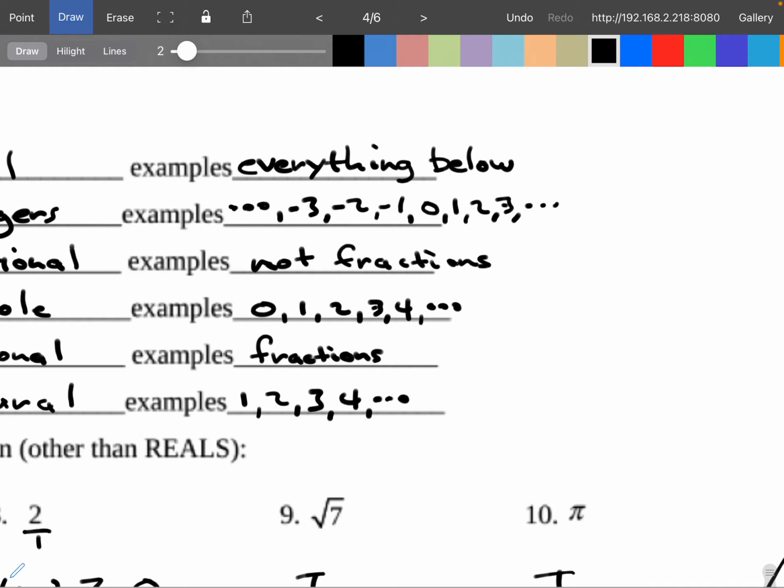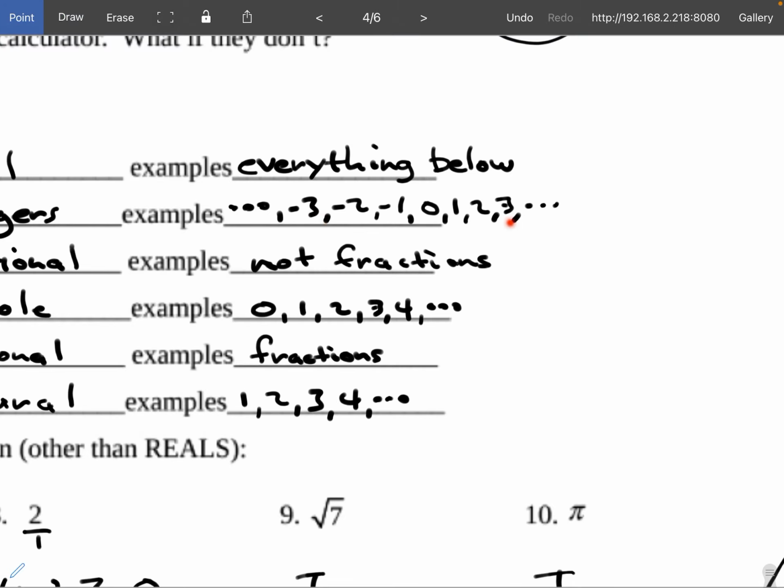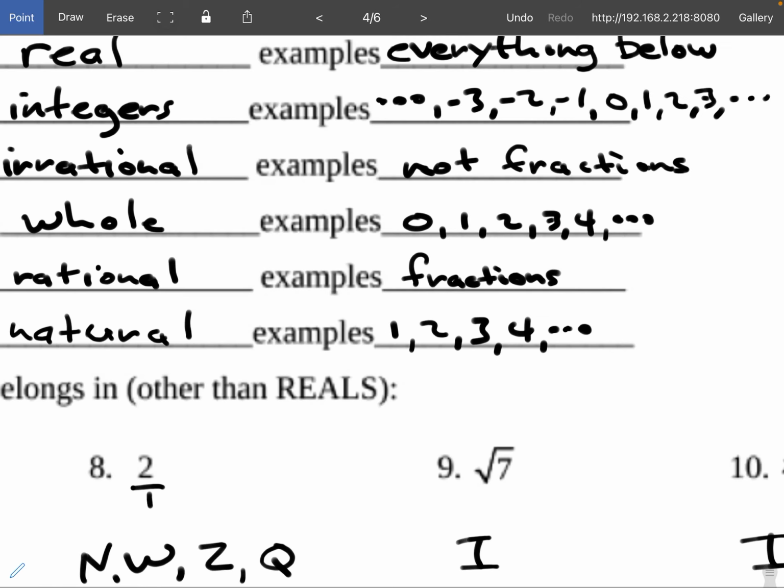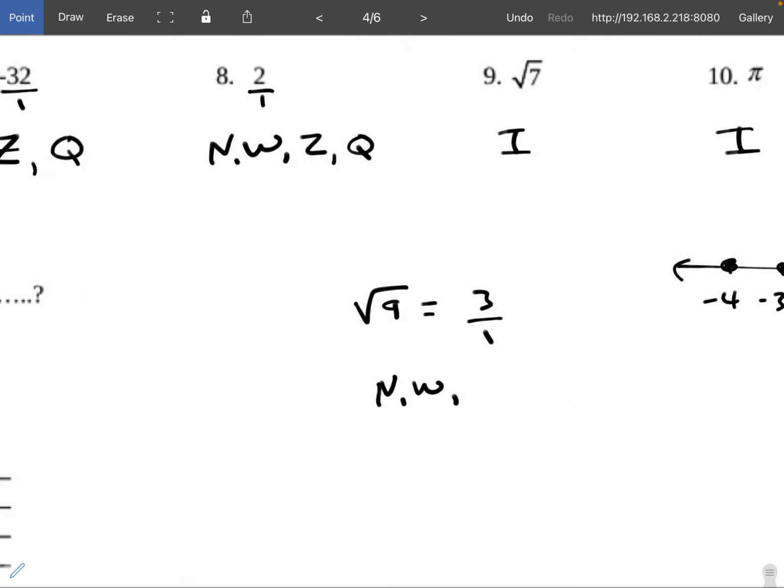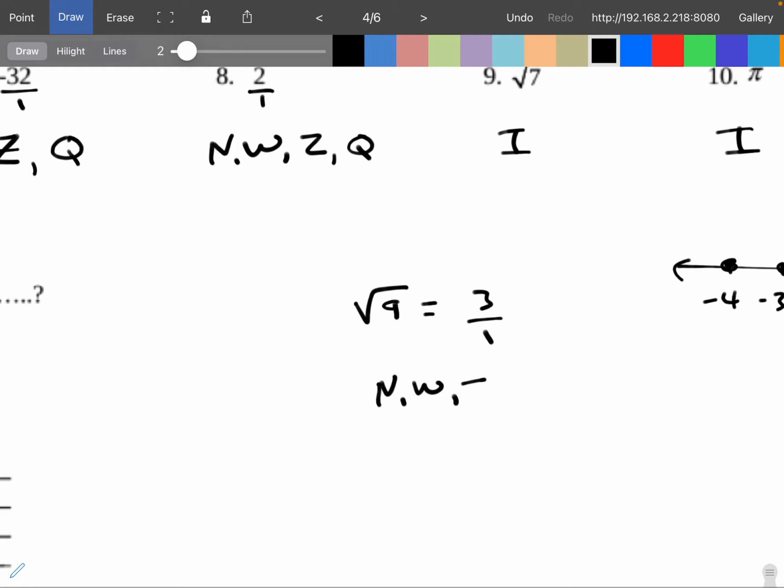Well, look at the list. It's right here. There's the list right there. That's the integers. Is 3 an integer? Yeah, 3 is an integer. So that's integer, Z, right? And is 3 a fraction? Yeah, because it's 3 over 1, so it's rational, which means you write Q. All right? So there was an extra example right there.